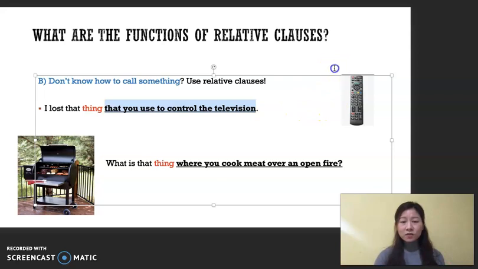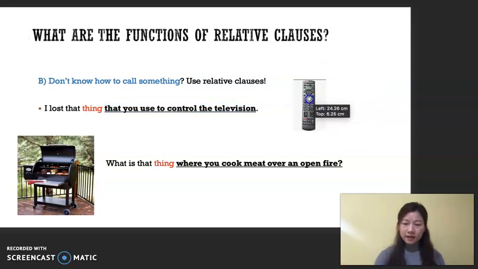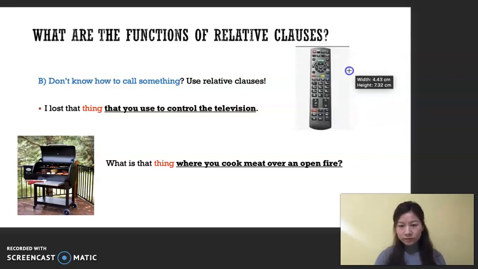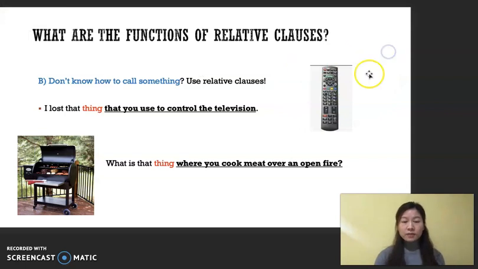So what is the answer to this? Of course, it's right here, a remote control. So that's the thing. For an English learner, you could be like, oh, what's that thing called that you used to control the television? And the person you're talking to hopefully would know the answer to what you're trying to think about, and would say, oh, the remote control.